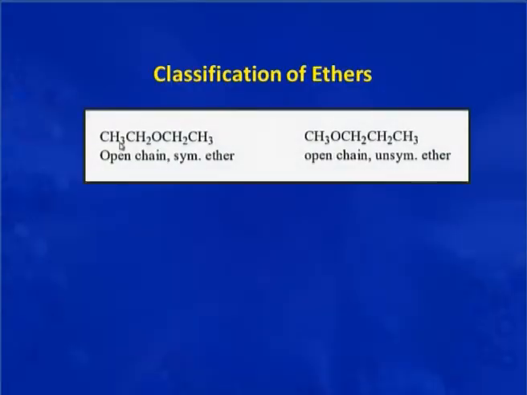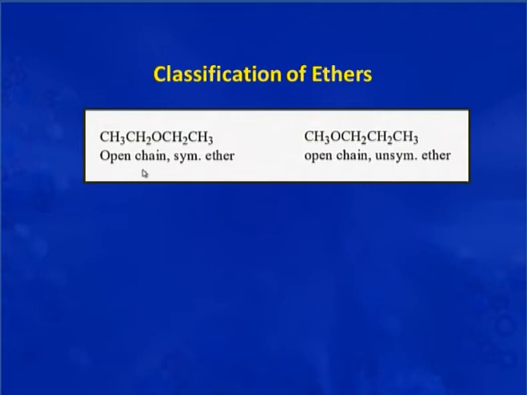Further classification of ethers is done as open chain structure or cyclic structure. Under the category of cyclic structure, we classify them as saturated ethers or unsaturated ethers, and then another class called aryl ethers. We have shown all these classes of ethers with the help of certain examples in this slide. This is diethyl ether.